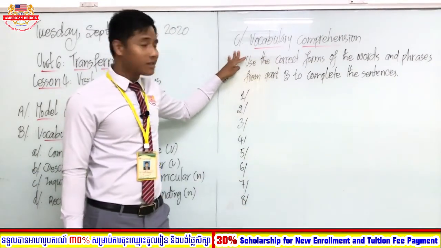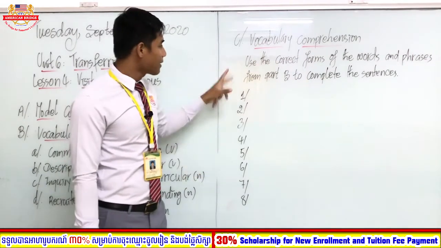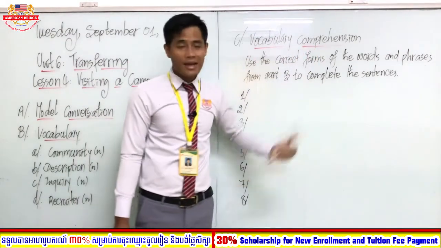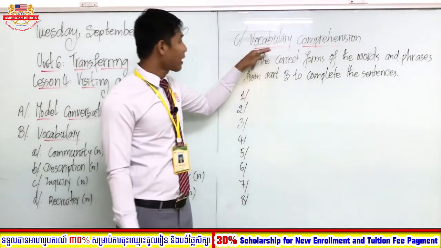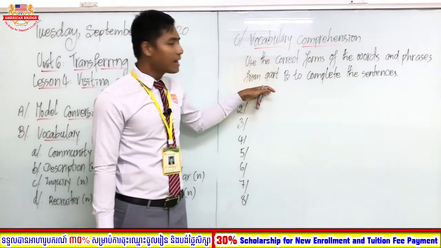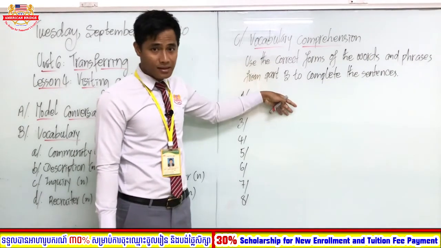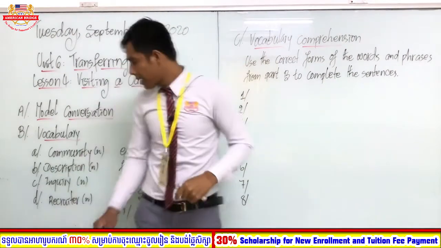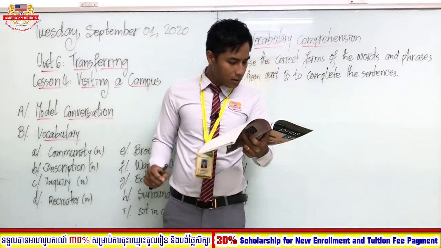Okay, so look at part C, vocabulary comprehension. Comprehension, we talk about the exercise that relates to reading. So with this, you will read the text and complete the blanks with vocabulary from part B, inside the book on page 82.